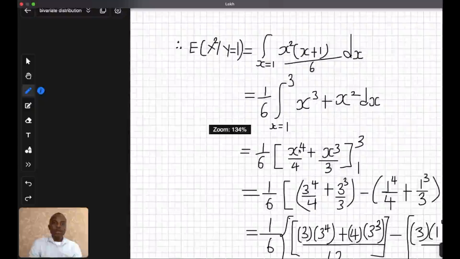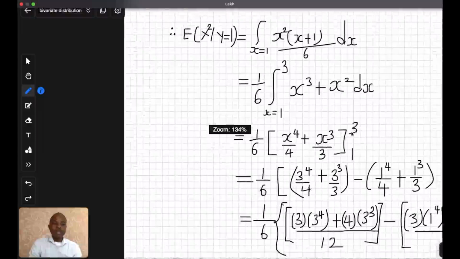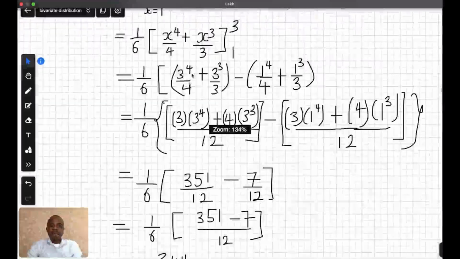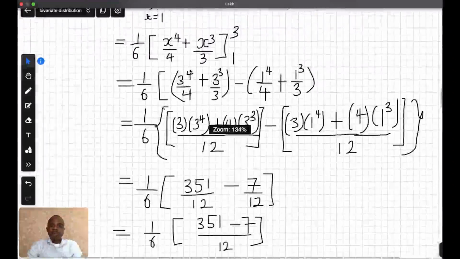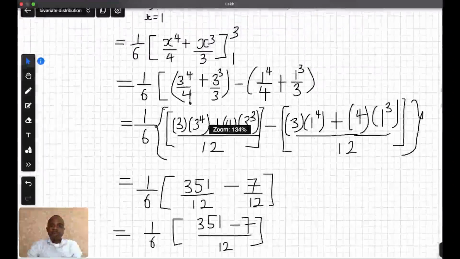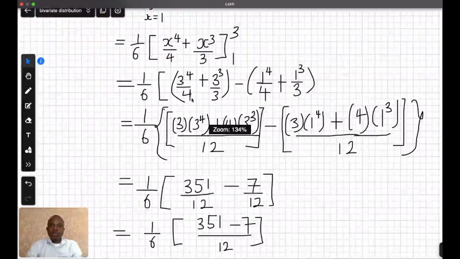Now, by integrating, we're going to get x raised to the power of 4 divided by 4 plus x raised to the power of 3 divided by 3. Then, when you substitute the limits, 3 and 1, you end up getting 3 raised to the power of 4 divided by 4, plus 3 raised to the power of 3 divided by 3.